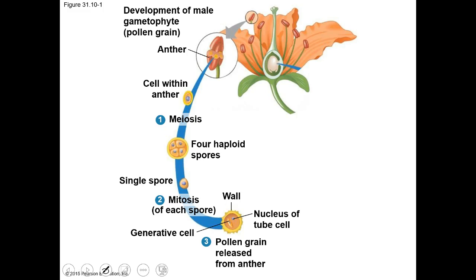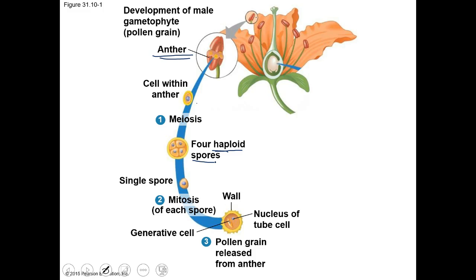All right, so it's a pollen grain. It's kind of a takeout from that. Basically what happens in the anther, which is our male part, our male gametophyte: a cell within the anther undergoes meiosis to produce haploid spores. The spores are within one single area.